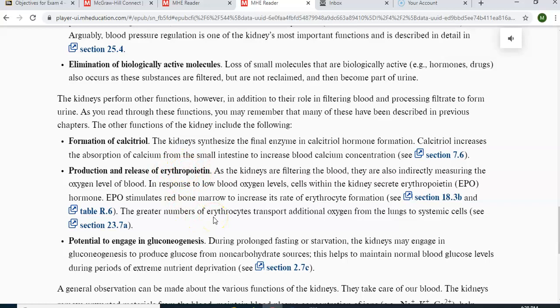And then that erythropoietin will head towards the bone marrow, those bones that have the most bone marrow, and then stimulate the bone marrow to make more red blood cells so we can get more oxygen carried throughout the body for our cells to use. So that's the endocrine role of our kidneys.